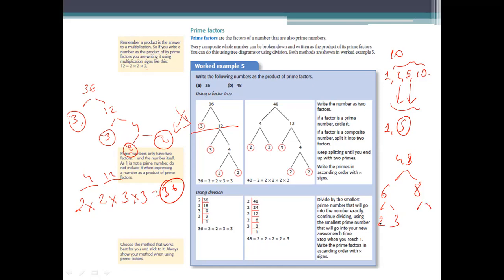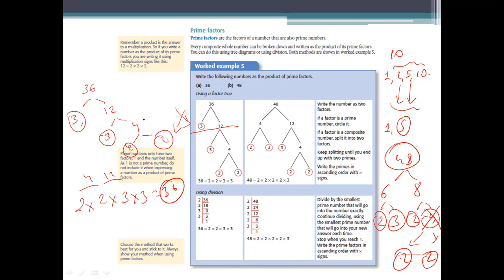The factors of 8 are 2 and 4. Sorry, the factors of 4 are 2 and 2. These are also prime factors. 2 times 2 is 4, times 2 is 8, times 2 is 16, times 3 is 48. 4 is not a prime factor, okay?